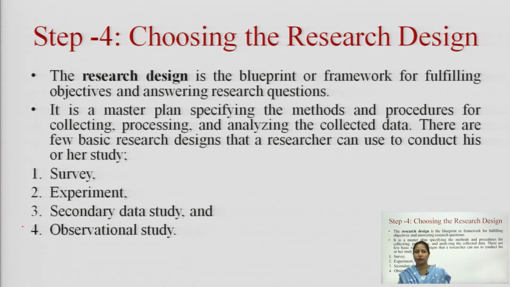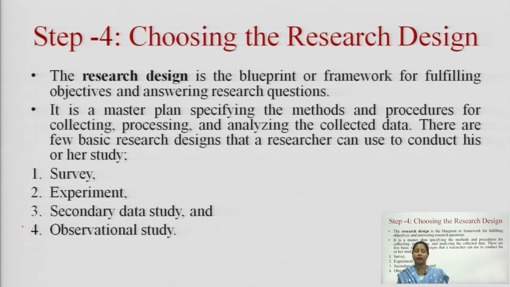This is the way of the survey method. Then the experiment method. The experiment method is always in a controlled environment. You control the environment and see how two factors are affecting each other. Or you can conduct a study on the basis of secondary data.